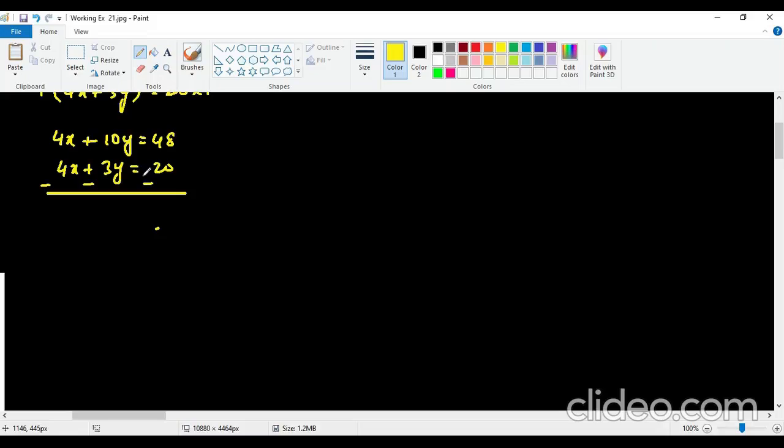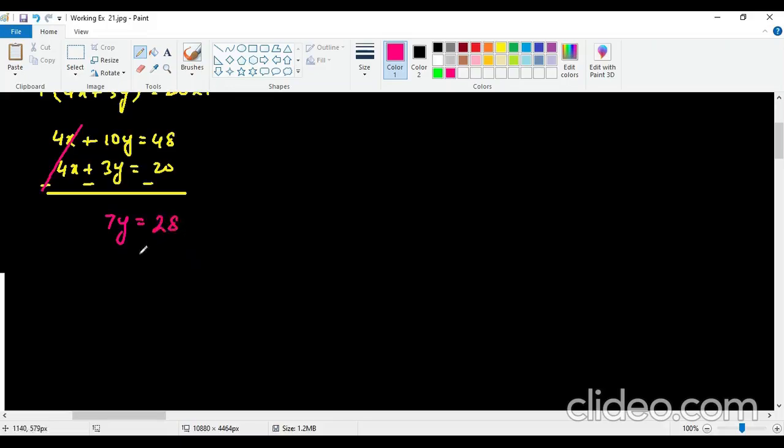So in here you can see that I can cancel 4x with minus 4x, and 10y minus 3y is going to give us a positive 7y. Positive 7y I will write here, and 48 minus 20 is going to give us a simple 28.